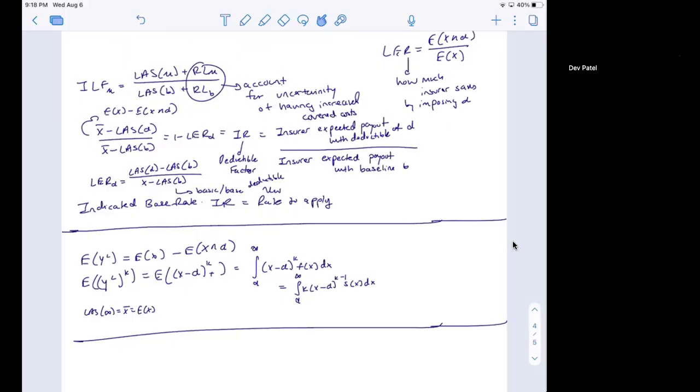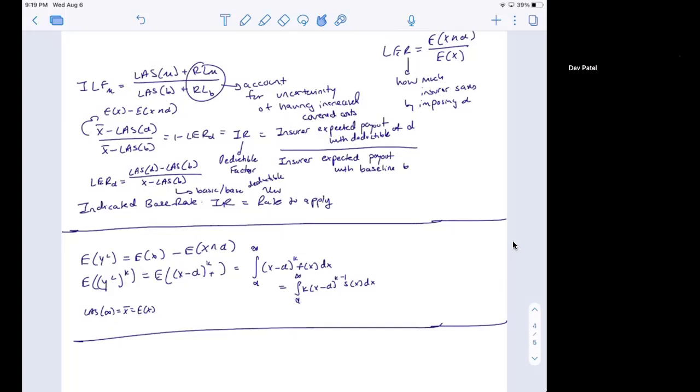Next is loss elimination ratio. This is when we have deductibles. So how much is the insurer payment decreased when they introduce a deductible or a new deductible? So that is 1 minus the loss elimination ratio of D, which is the indicated relativity for that. And that at a high level is essentially relativities in rate making.